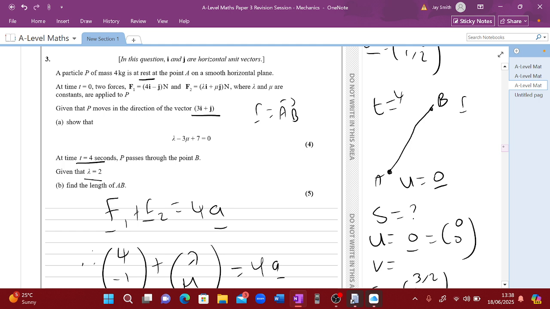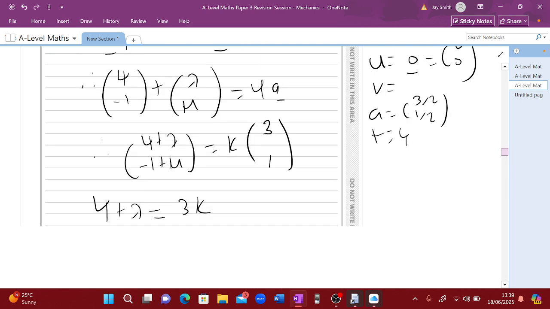That's one of the most essential things you need to get your head around with regards to these sort of kinematic vectors: the difference between variable and constant acceleration. The variable gives you the position vector for the displacement, and the constant gives you the displacement travelled, so the vector between the 2 points. It works nicely in this case because we just want to work out what AB is. We're not interested in position vectors.